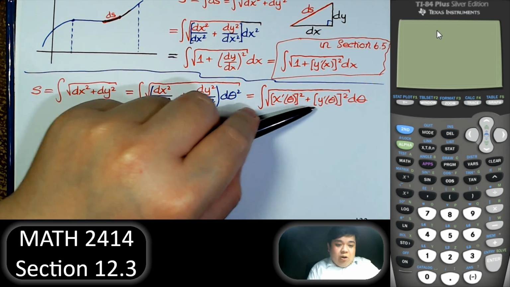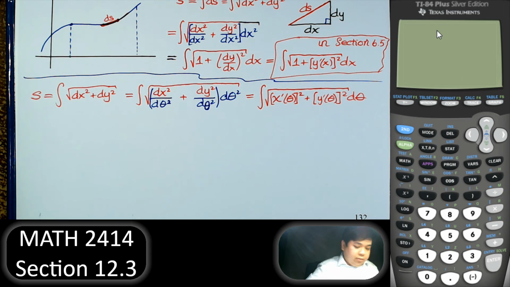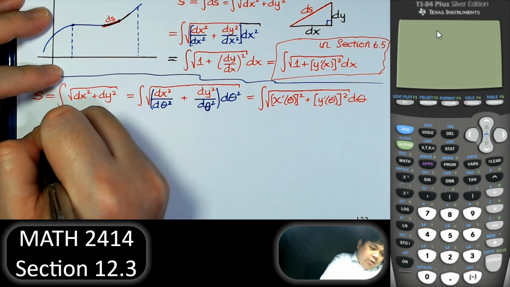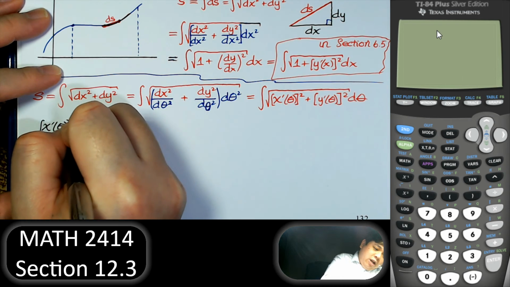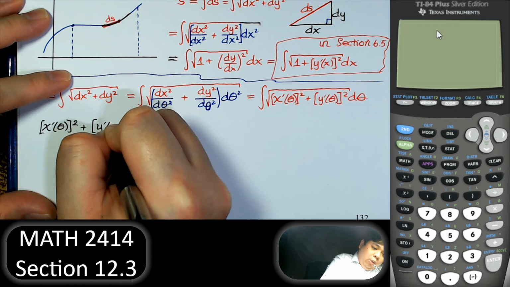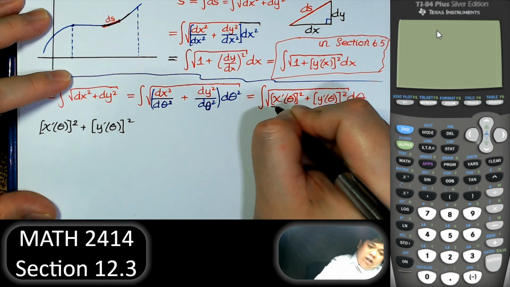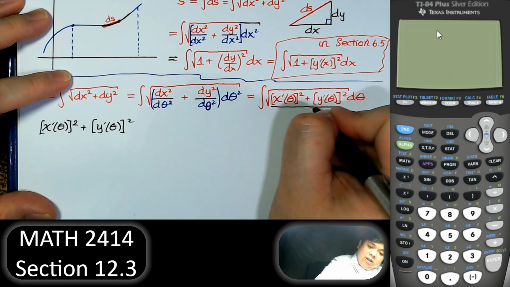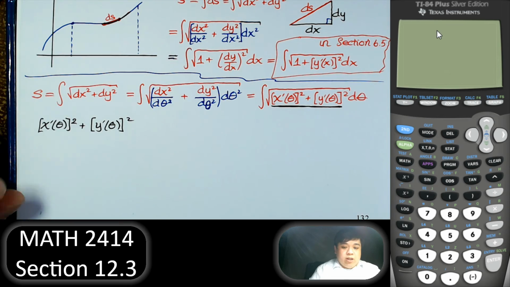Now I'll focus on the inner part. So we have derivative of x with respect to theta square plus derivative of y with respect to theta square. Now we just focus on the inside, inside the square root, that is.